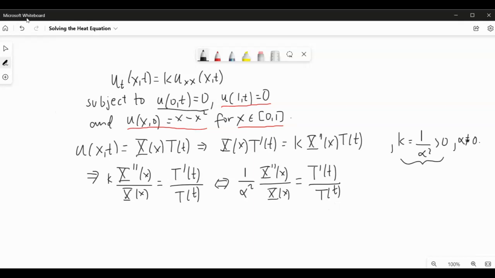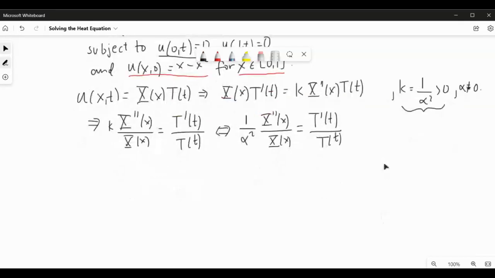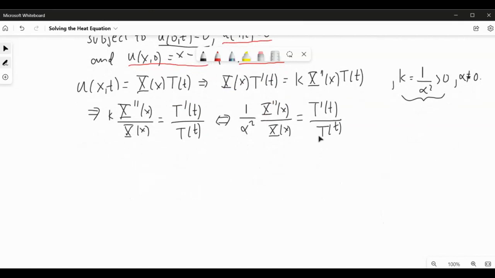As a consequence of this, you will notice that the left side of this equation is solely in terms of small x, whereas the right side is an expression solely in terms of small t. And those expressions must be equal for all possible values of x and t. So this will imply that these two expressions have to be equal to a certain constant.